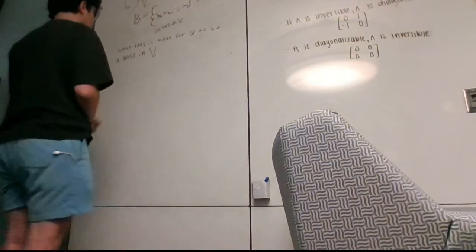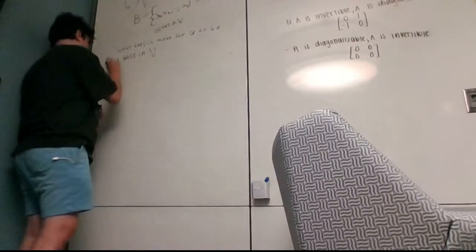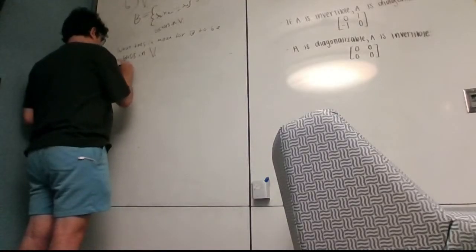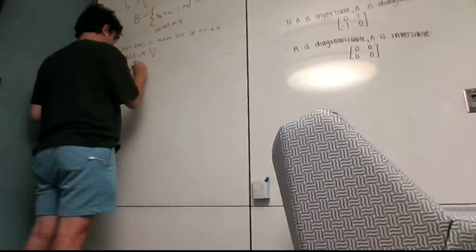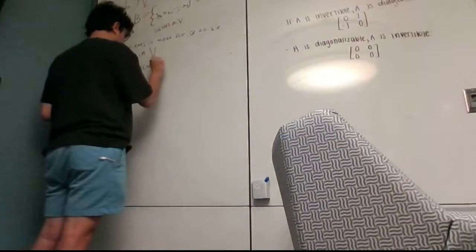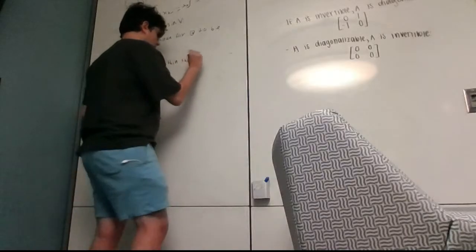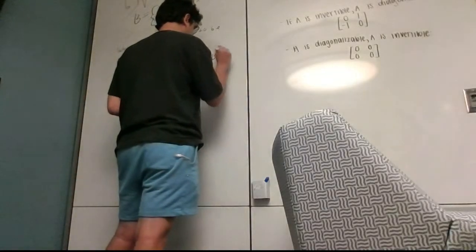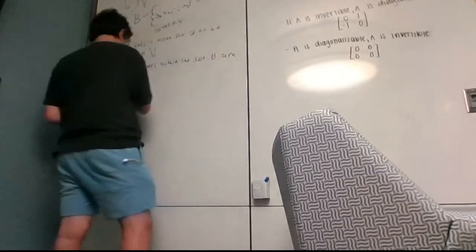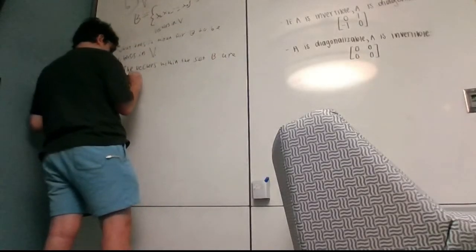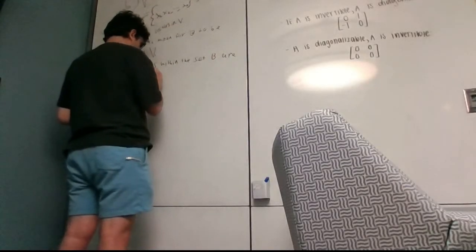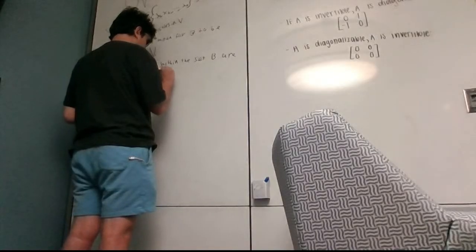So, number 1. The vectors within the set B are linearly independent.